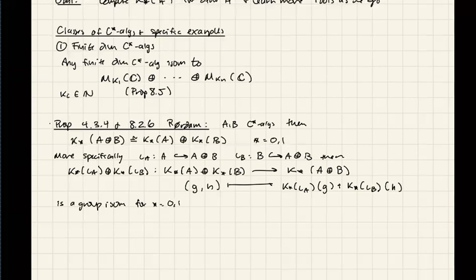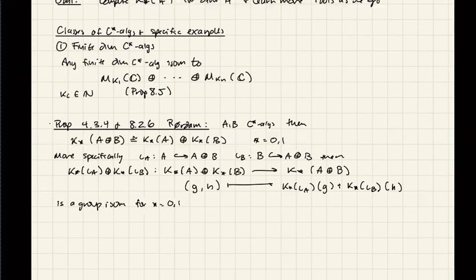Okay. So K-theory, this functor respects direct sums in this really nice way. Like we know explicitly what this isomorphism is. So we can apply this now for any arbitrary finite dimensional C-star algebra.